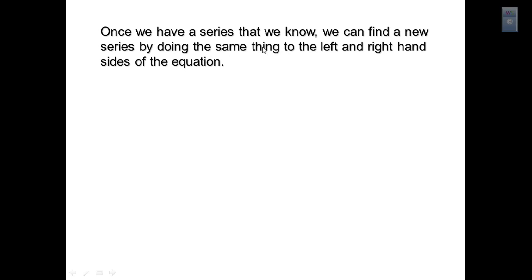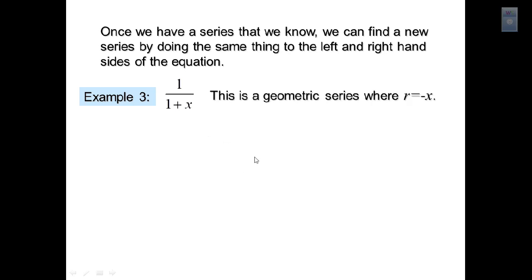Now, once we have a series that we know, we can find a new series by doing the same thing to the left and right-hand sides of the equation. This includes adding, dividing, multiplying, all kinds of things, including integration and differentiation. For example, if we have 1 over 1 plus x, this is a geometric series where r is equal to negative x.